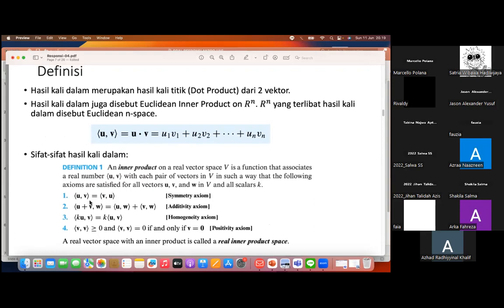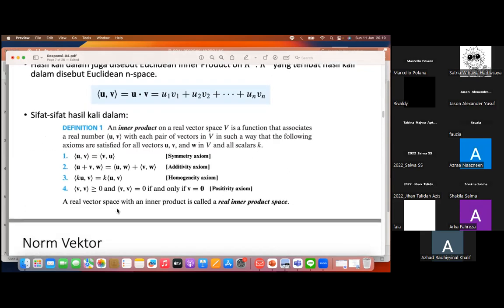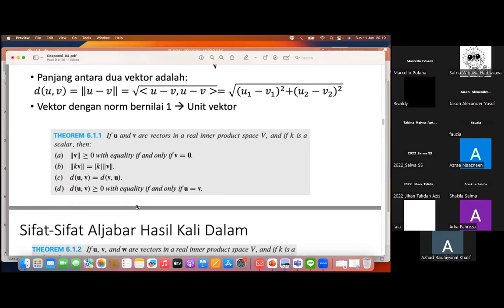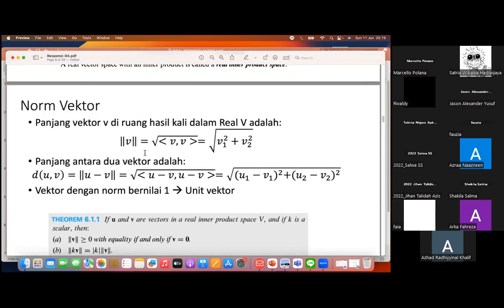The first one is just symmetry, which is u comma v equals v comma u. And if there's addition or subtraction, it will be like this. And if one of them is multiplied by a scalar, this is the solution. Oh yeah, this is the norm, which is the length of the vector.